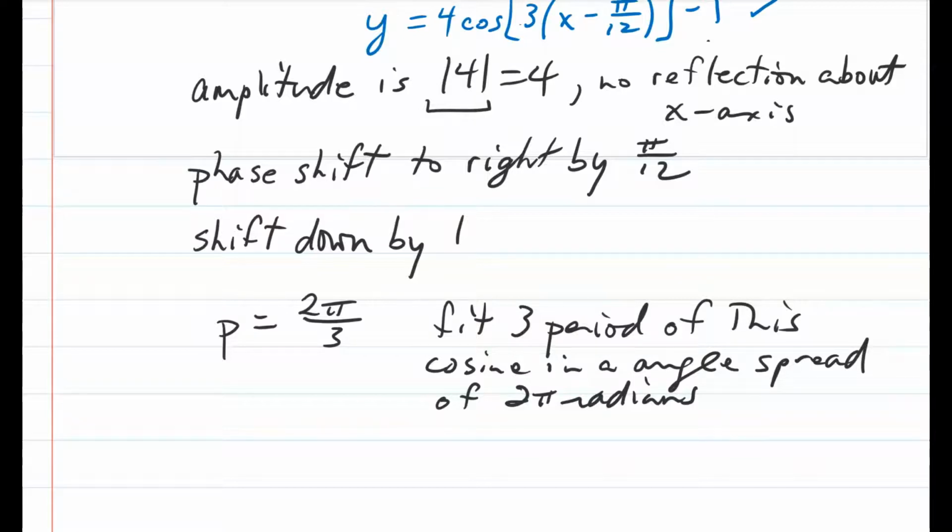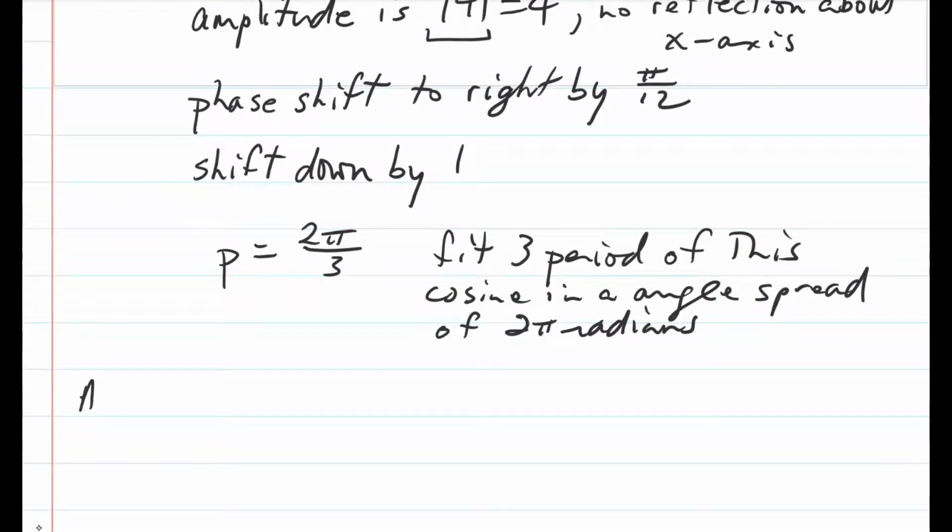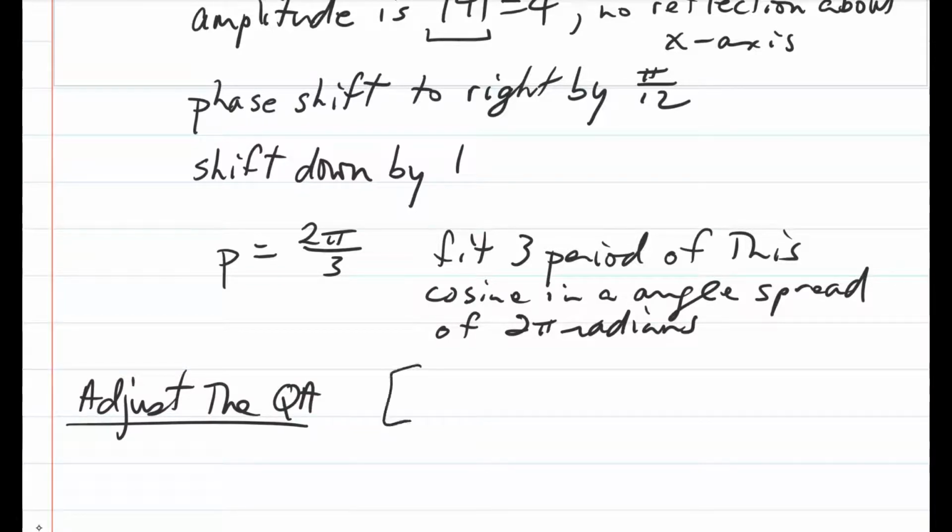So that was important, and now at this point we have to adjust our quadrantal angles, and we're going to use the period to do that. So we're going to adjust the QA, the standard QA. So the standard QA for the cosine, we go from 0 to 2 pi, right? Well, there's a middle angle.